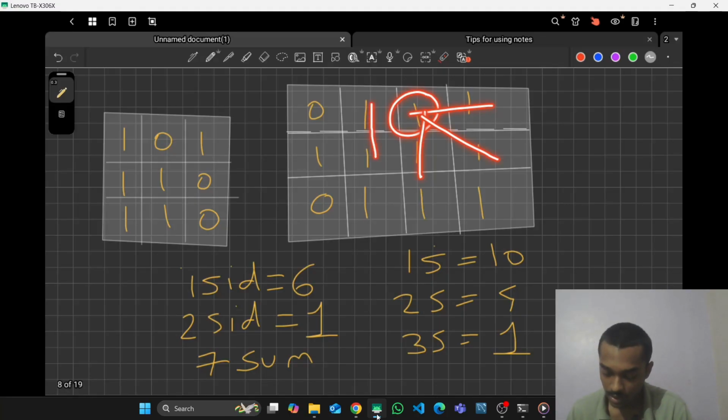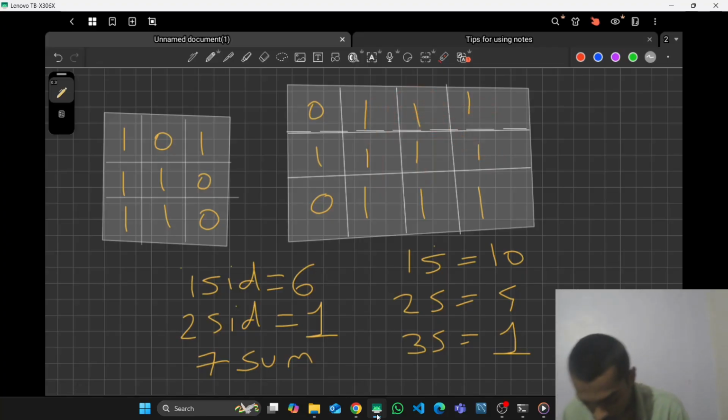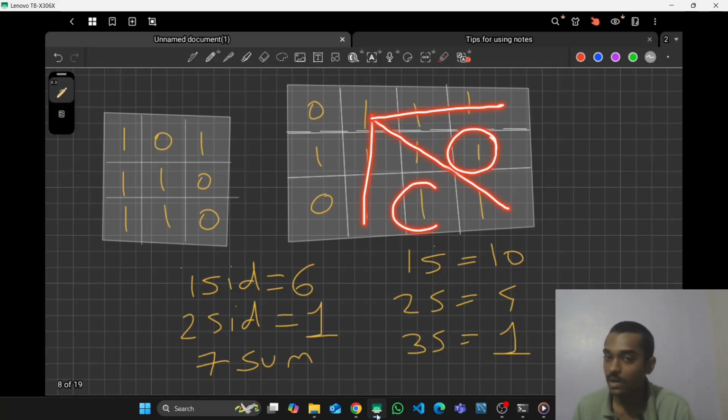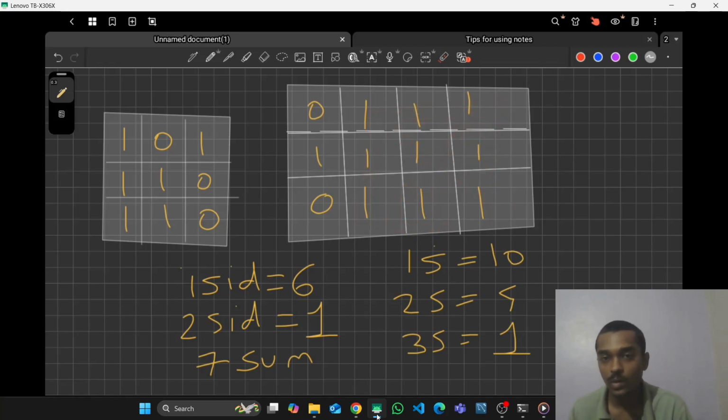So it can go down two sides, and it can go diagonally two sides. Also you have to make sure these values are also one. So brute force is kind of hard and you don't need to code it. This is complex code. So let's see how we can solve this question optimally, and this is the right approach.